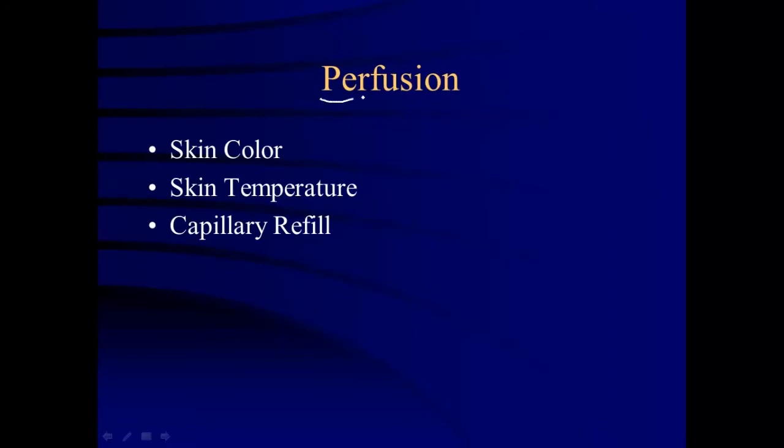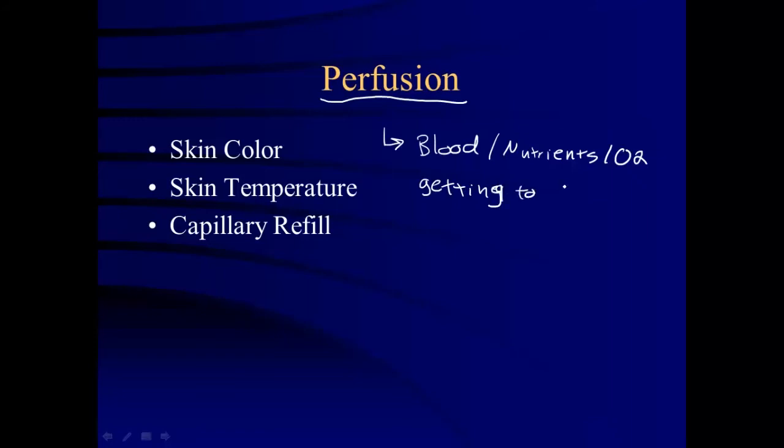One of the other key things to assess when you're looking at vital signs is perfusion. And perfusion is blood, which carries nutrients and oxygen, getting to where it needs to go, or getting to all of the cells. When our body experiences a problem, it could be somebody having a heart attack, or maybe somebody has been in a car accident and they're bleeding on the inside.